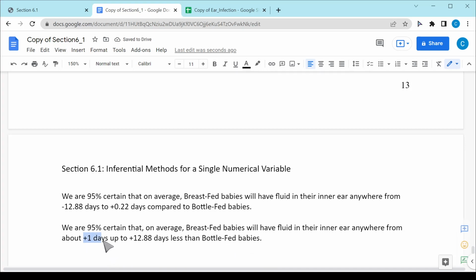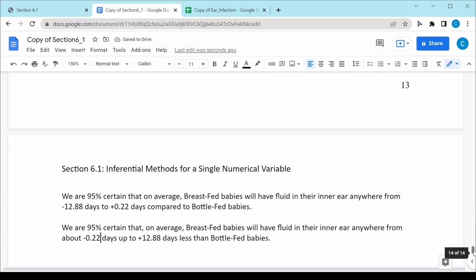If this interval was all positive, so from like 1 to 12, then I could say breastfed babies have fluid in their inner ear anywhere from 1 to 12 days less than bottle-fed babies. The interpretation gets a little bit harder here because I don't have a statistical difference. If I did, it'd be a little bit easier to talk about. But instead, what I actually have here is negative 0.22 days. This interval actually catches 0.